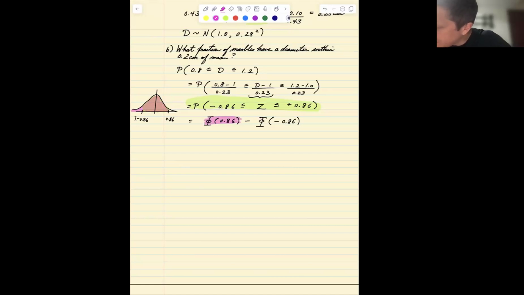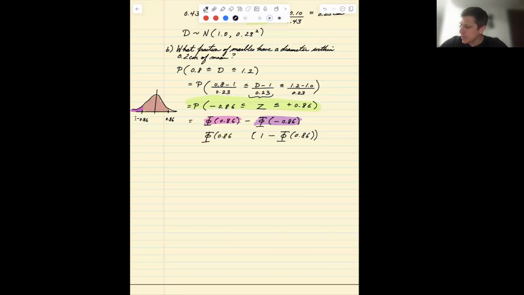And then what we have to do is subtract off everything less than 0.86, which is the purple area. Now, by symmetry, phi of negative 0.86 is the same as 1 minus phi of 0.86. So the amount of mass to the left of negative 0.86 is equal to the amount of mass to the right of 0.86.